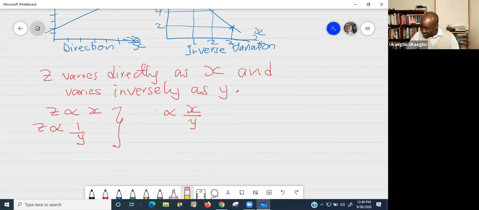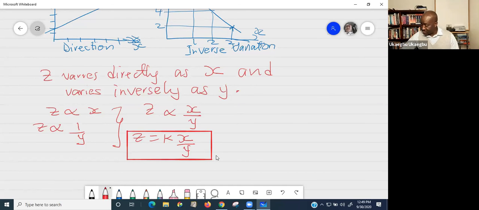So z varies as x and inversely as y. When you remove this sign of proportionality, you can write z is equal to kx over y. So this becomes your equation, and this is combined variation.